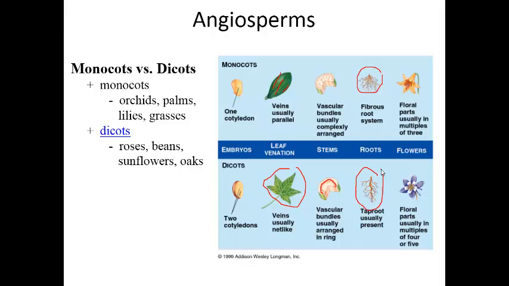That taproot is a really strong structural root that's going to anchor the plant into the ground and allow it to grow taller and withstand winds. Their floral parts exist usually in multiples of 4 or 5. This concludes our lesson on plant reproduction.